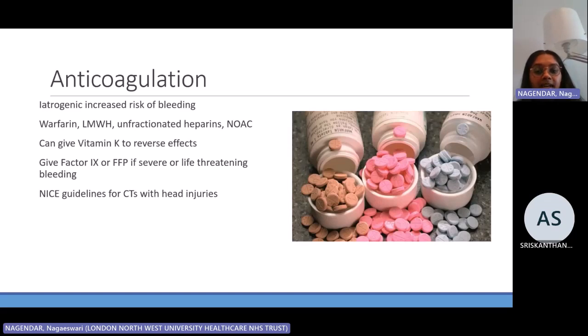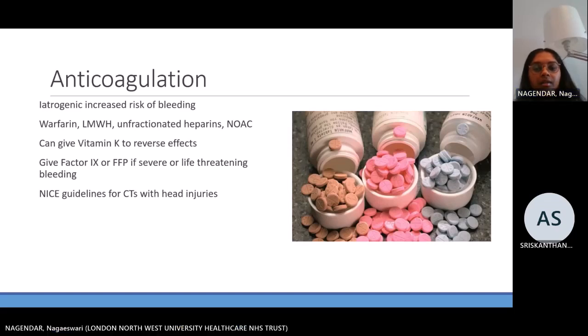That includes vitamin K antagonists, direct-acting oral anticoagulants, heparin and low molecular weight heparins, or antiplatelet treatment, excluding aspirin monotherapy. So you'd be thinking more about DAPT, so people who might have had PCI recently. Consider doing a CT head scan within 8 hours of the injury.